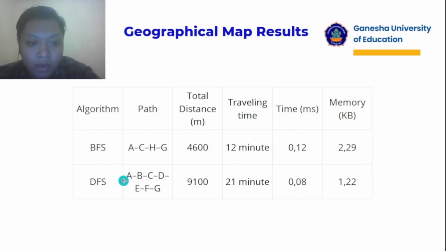Meanwhile, the DFS takes almost twice the path of the BFS, from A, B, C, D, E, F, G, with twice the total distance and also twice the travel time.